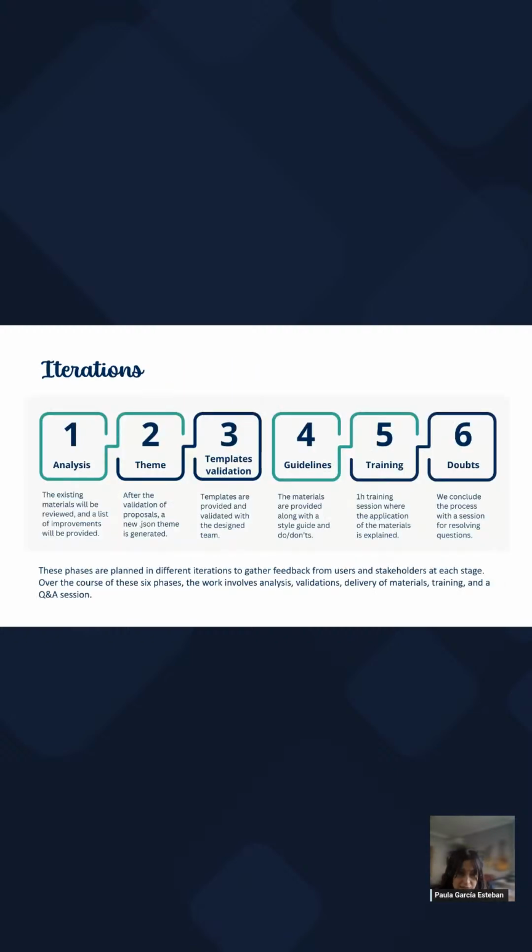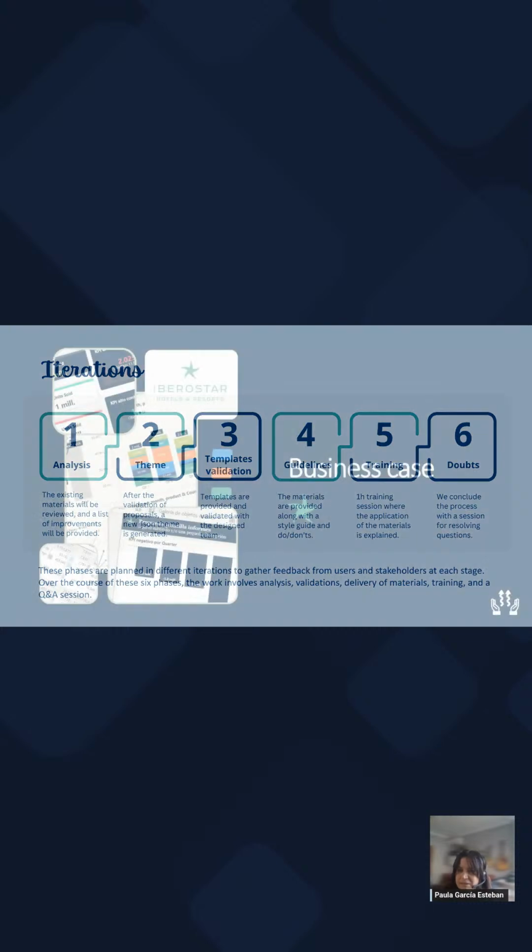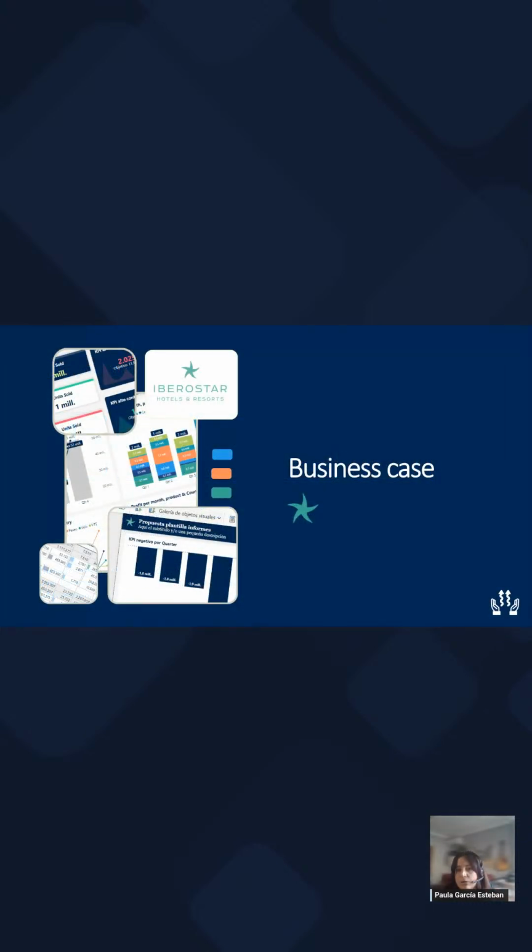Usually I work in iterations because I really love the agility mindset. I prefer to go step by step, but with validation within the process. For example, if I define colors, I validate colors, because if not, maybe I generate materials and these are not correct because they don't like the colors or whatever. So I iterate. I want to spend time on this because if you want to know more, I have published this business case.